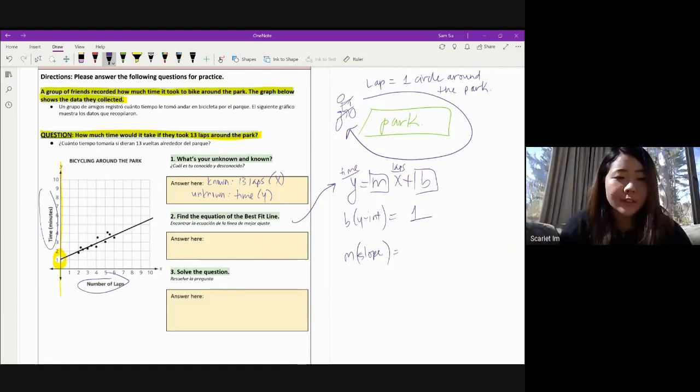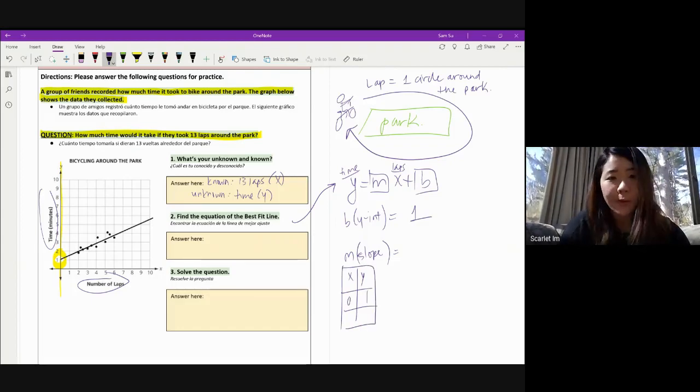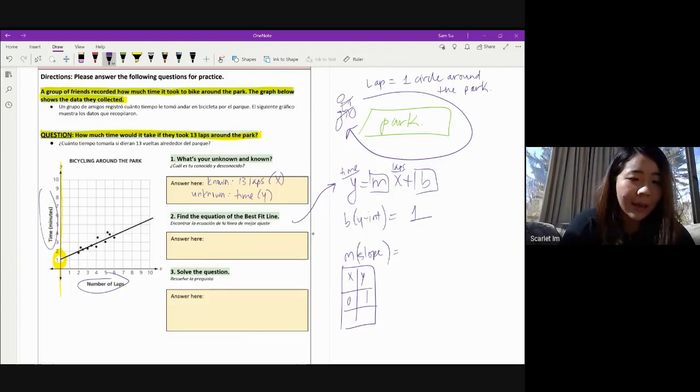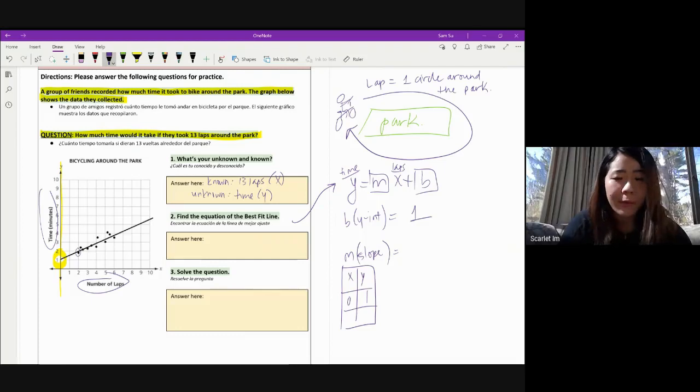Now I'm looking for a slope, so what I'm going to do is make a table, figure out 2 points. I'm going to use (0, 1) because I already know my y-intercept is one of the points on the line. And then I notice that I can use that point, which is going to be (2, 2). What's my rate of change?